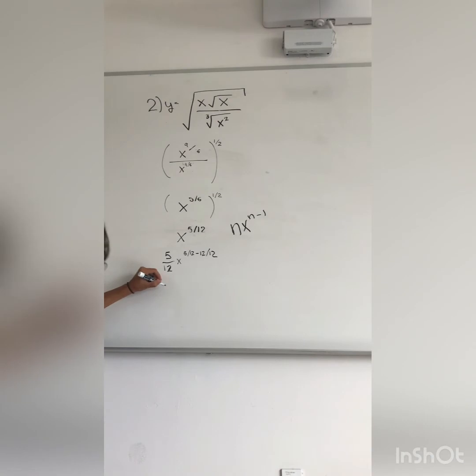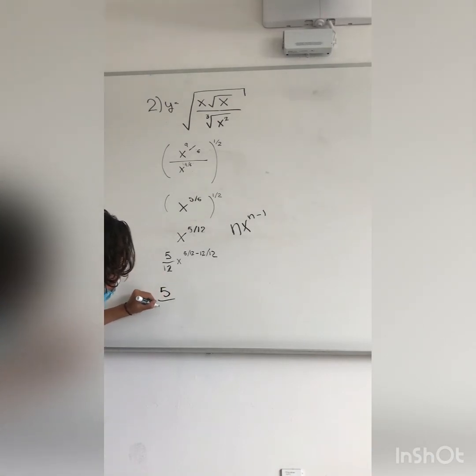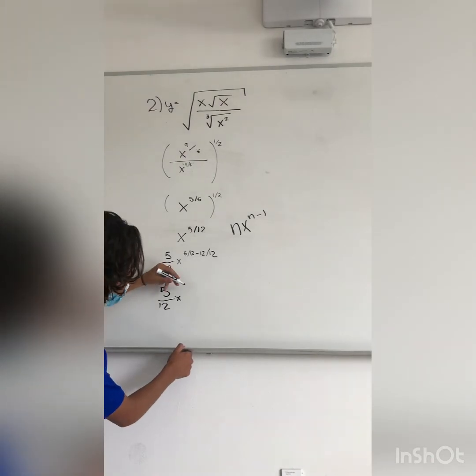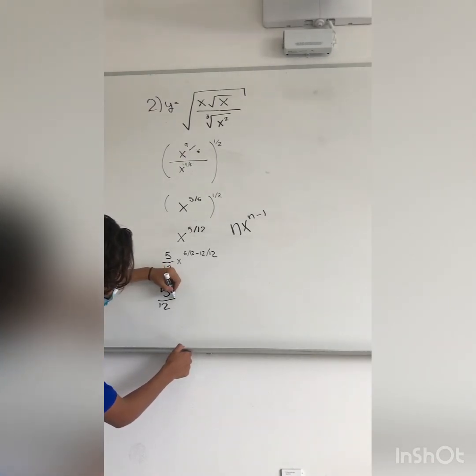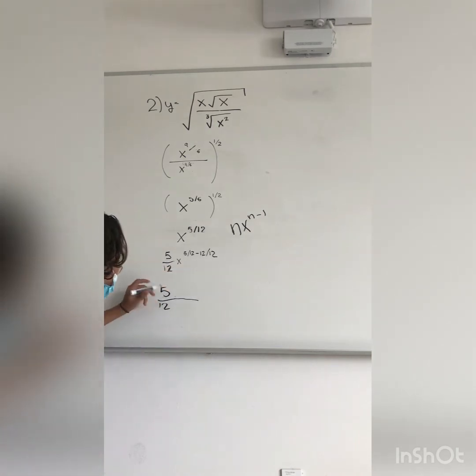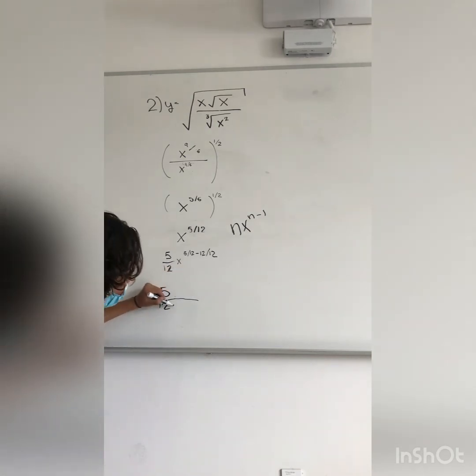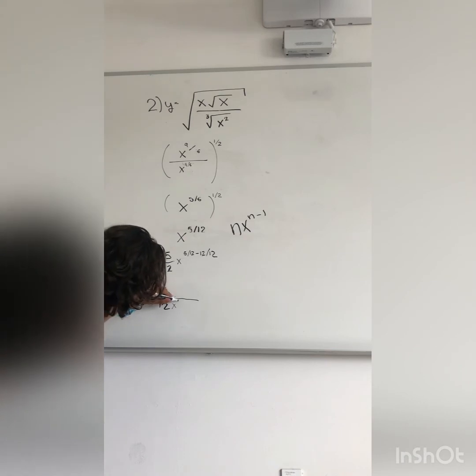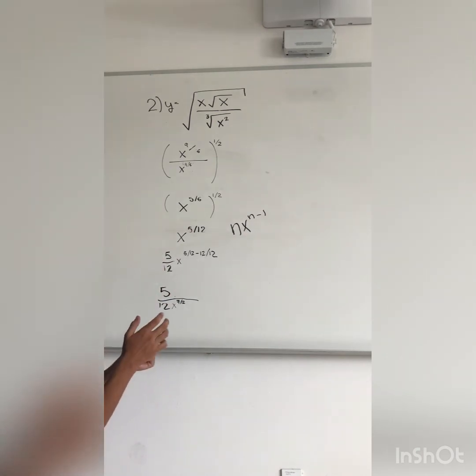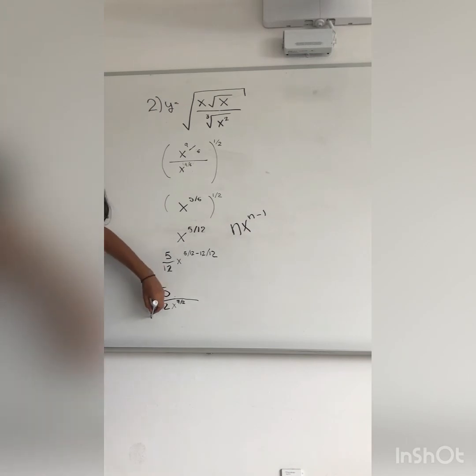So our final result is 5 over 12x, that is negative, so it goes in the part that is down. So it's x to the 7/12. And this should be our final answer.